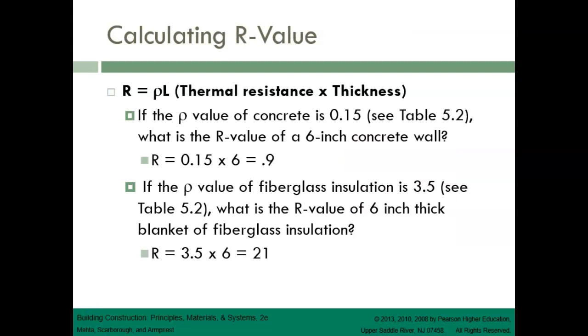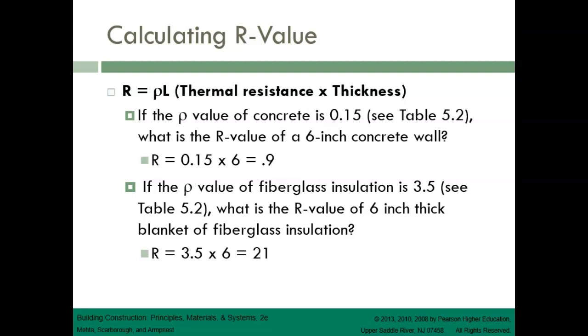Another example: the P value of concrete is 0.15, and you can find that, and for other common materials, on table 5.2, which is on page 114 of your text. If we want to know what the R value of a 6-inch thick concrete wall is, we take the P value and multiply it by the thickness, and that gives us the R value of that component.